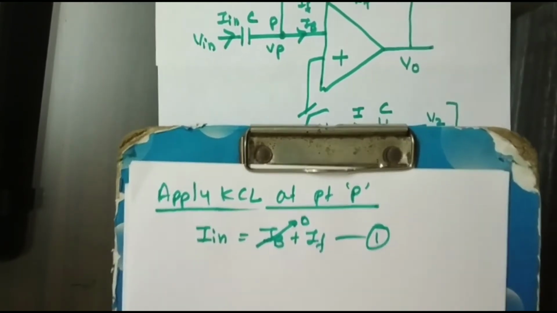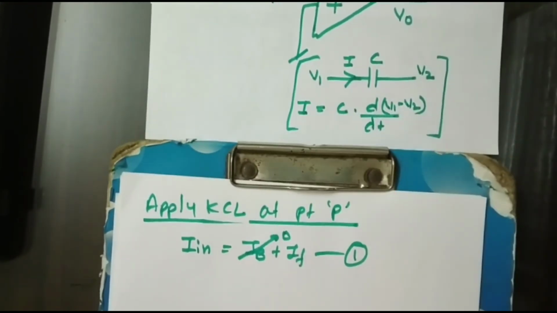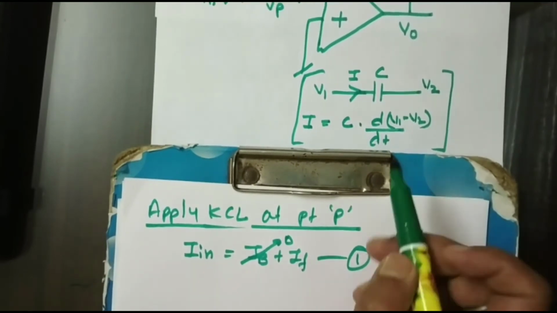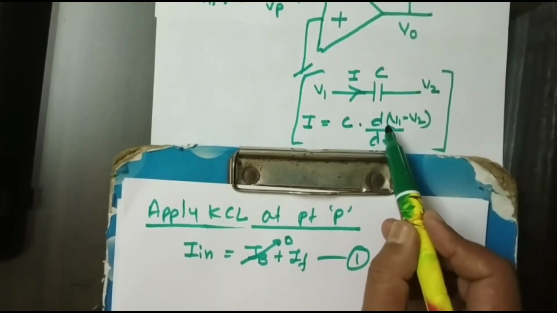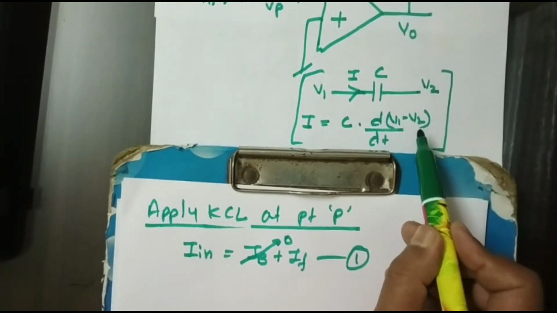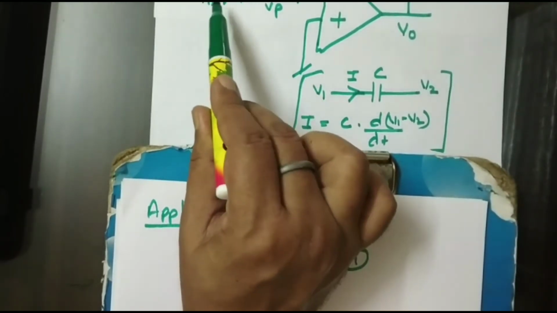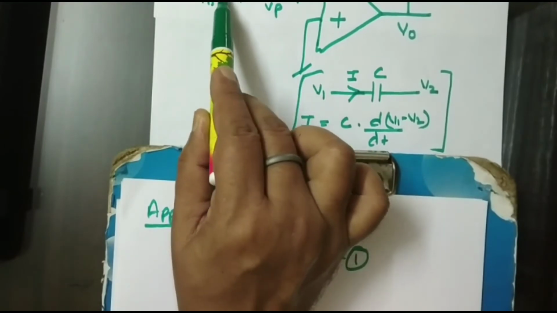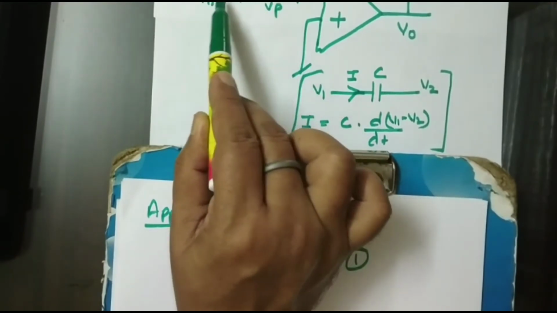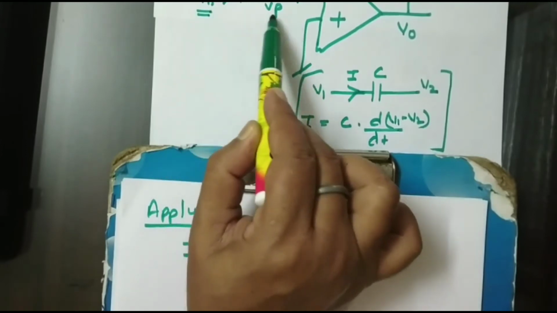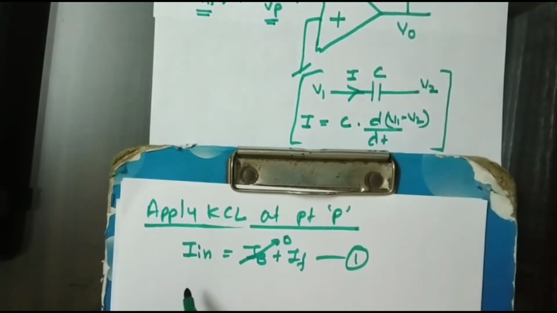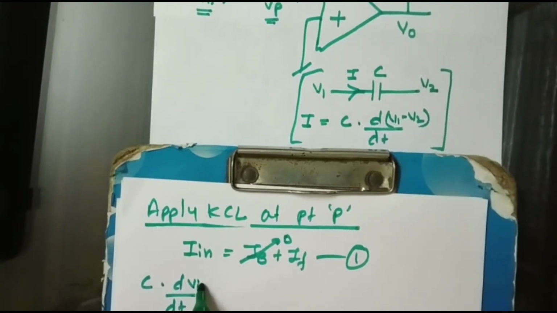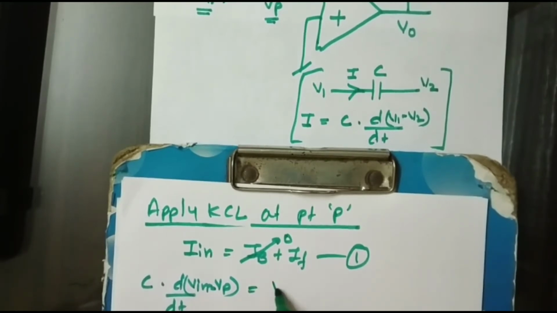As you can see what I told you previously, the current flowing through a capacitor is given by C into d by dt of V1 minus V2. In the same way here also the capacitor is C, the current is IN and the voltages are Vin and Vp. So IN becomes C into d by dt of Vin minus Vp, equals to Vp minus V0 upon RF.